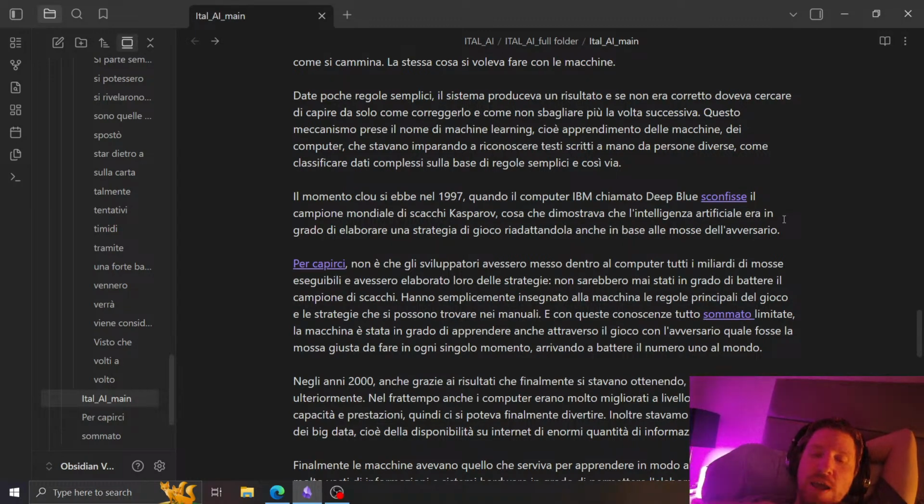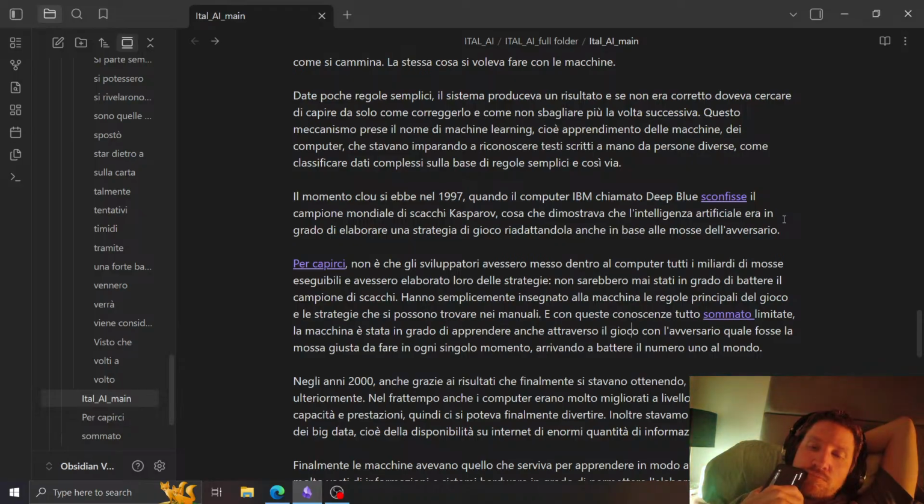Questa frase, e con queste conoscenze, tutto sommato limitate, che significa? Questa frase, in pratica, significa che con queste conoscenze tutto, in definitiva, è limitato.